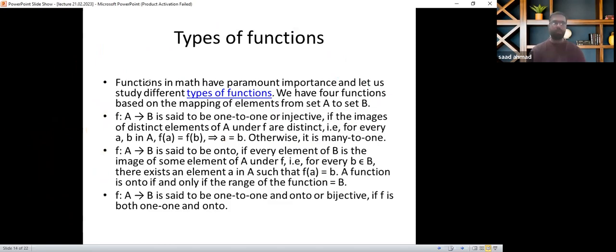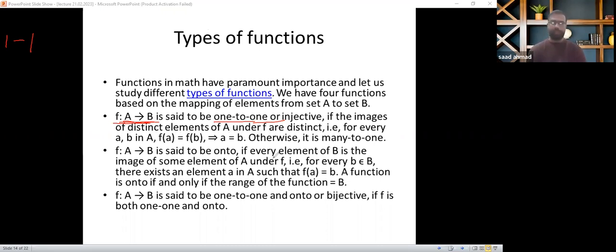Okay, so now again, these are some types of functions. These are a little different from the types of equations. The function A to B is said to be 1 to 1, or it's called an injective function, if the images of distinct elements of A under f are distinct.